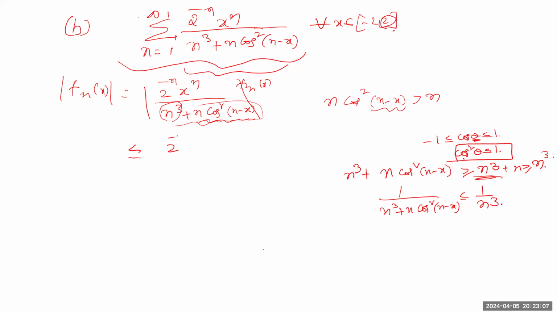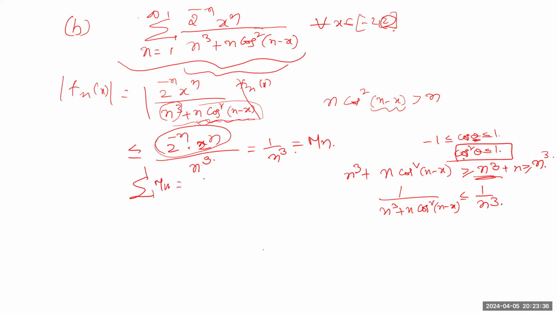Now I am going to take the maximum value of x, which is 2, since 2 to the power of x is an increasing function. So you can replace x by 2, giving 2 to the power of n over n cube. These simplify, and that is equal to 1 over n. So this is your Mn. What is the summation?